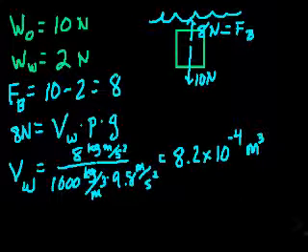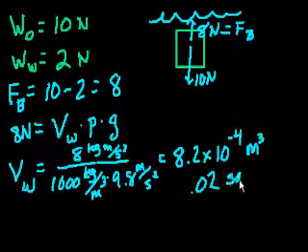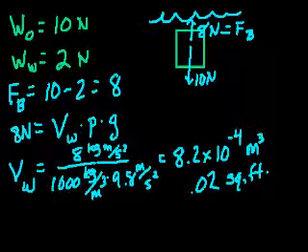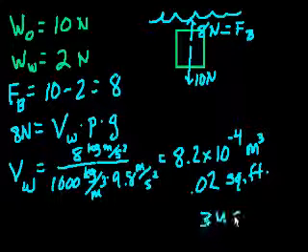So if we multiply that number times 27, it equals 0.02 cubic feet, roughly. And in a cubic foot, there's 12 to the third power, 12 times 12 times 12, which is 1728, times 0.02. So this is actually 34 cubic inches.